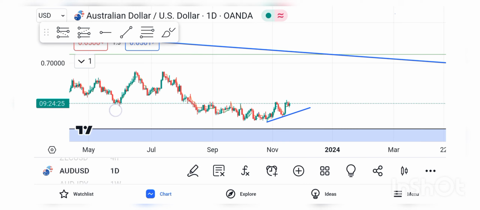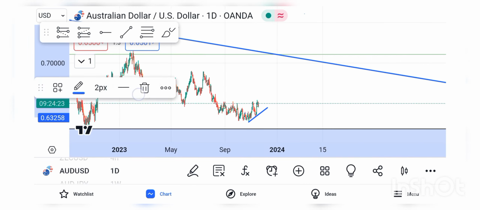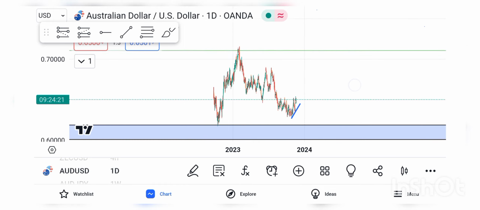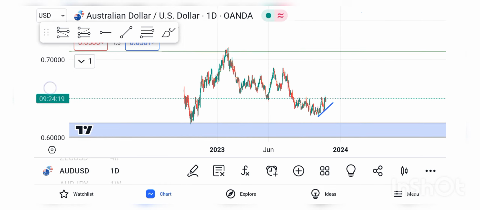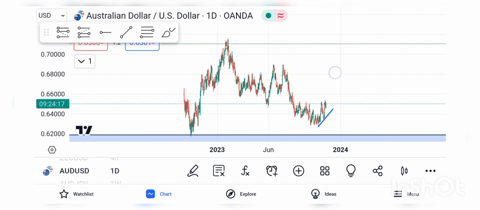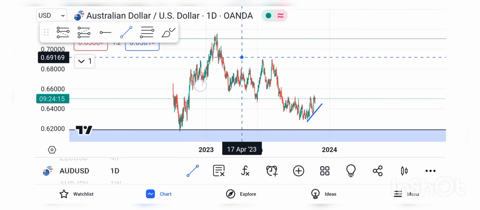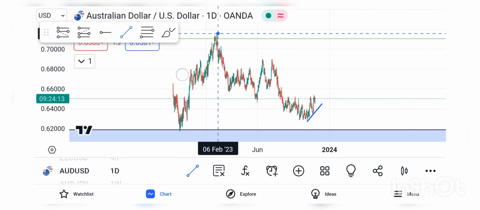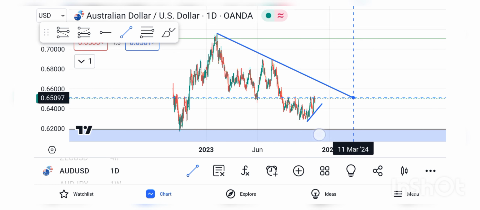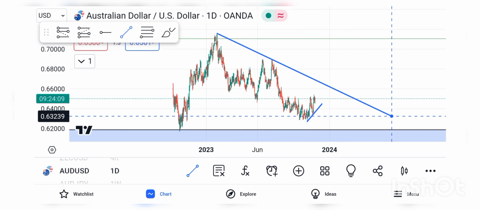Okay, let's get rid of this and draw our trend line a little bit closer. Let's begin from here instead. So it's a monthly downtrend, weekly downtrend, daily downtrend.